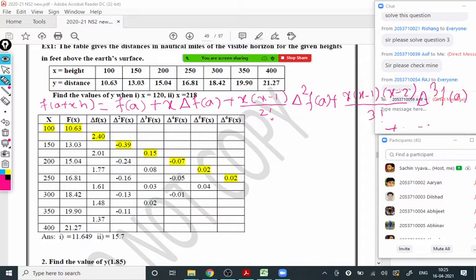So this is Newton's forward interpolation formula.